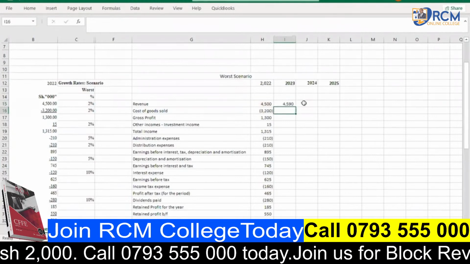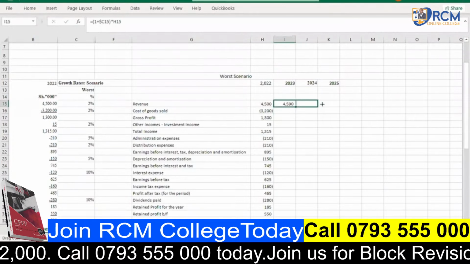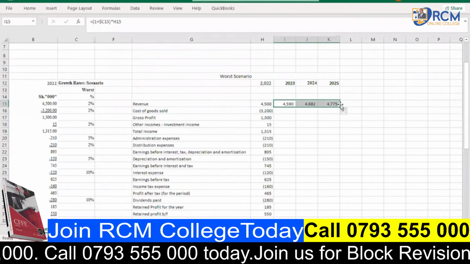Okay, so you enter. Once you do that, you don't need to do any other thing. Just drag it to the right to 2025.